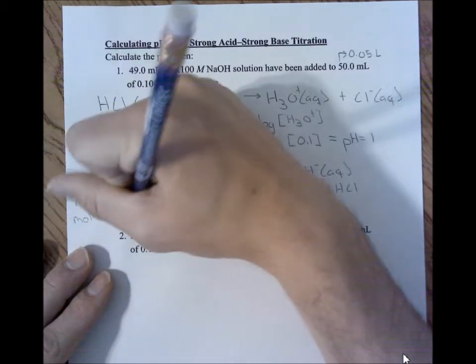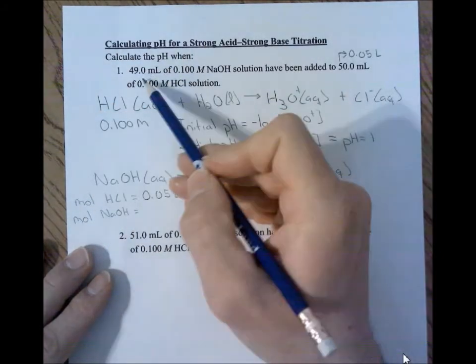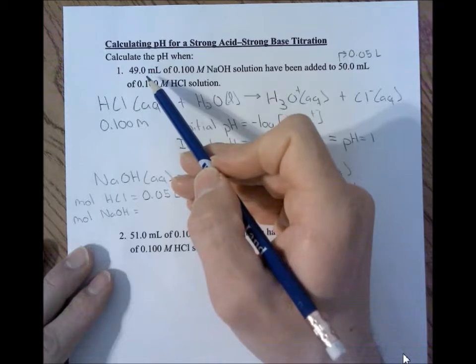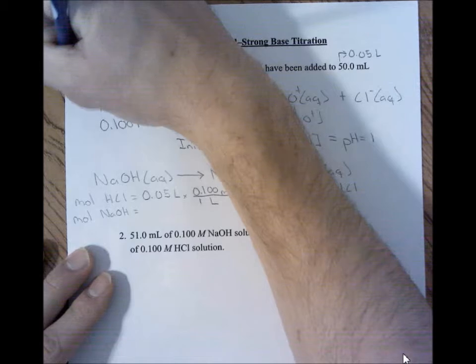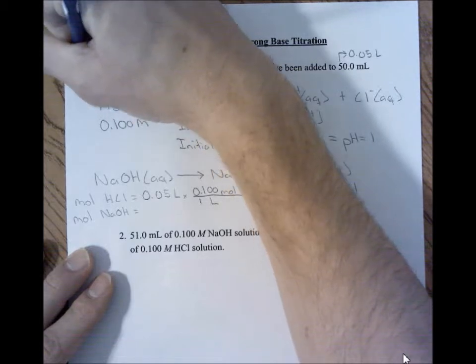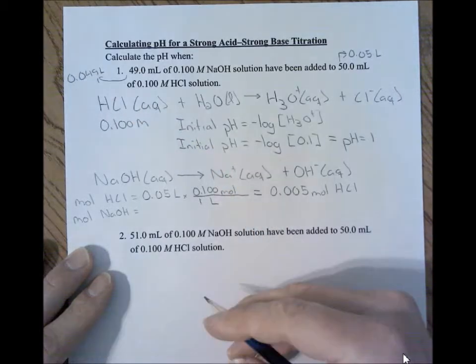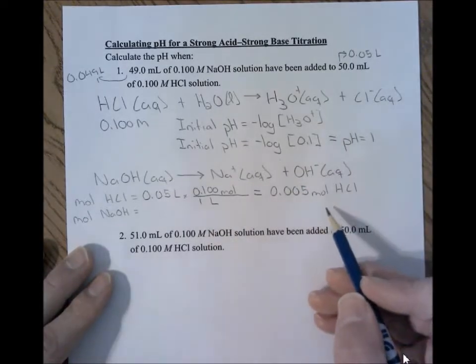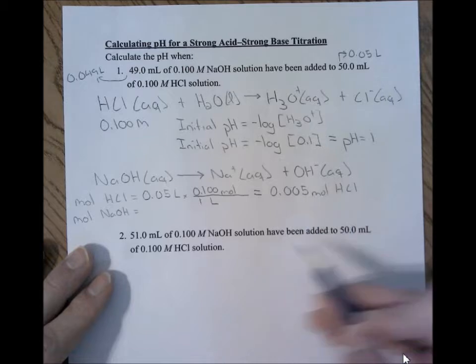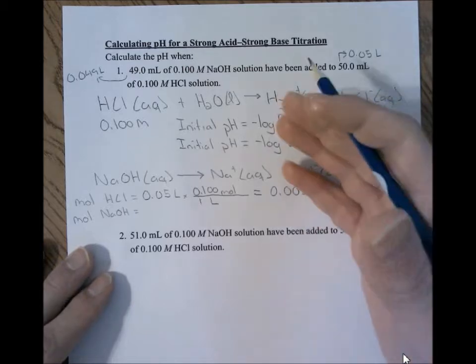We have 49 milliliters, which, as a little side note, is 0.049 liters. So we do a very similar thing to calculate the number of moles of OH minus added to this particular scenario.